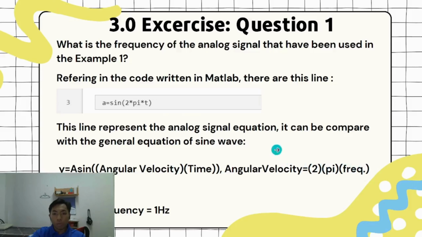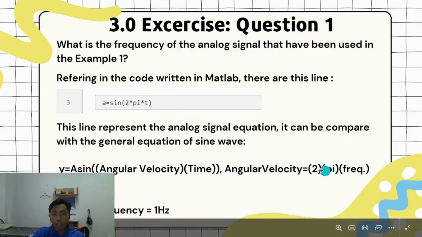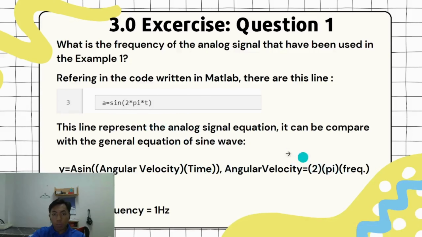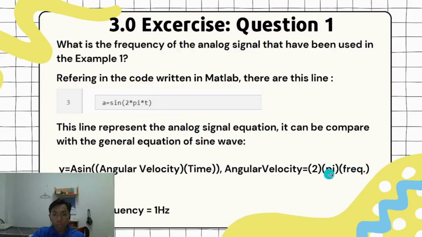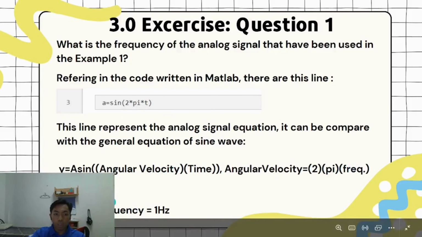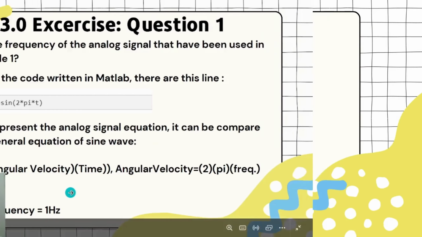If we compare, you can see that the 2 pi is literally identical, so 2 pi is the same as the angular velocity and the time. There is actually a 1 hidden within the trigonometric argument, which is the frequency, so we can conclude that the frequency is 1. So it fits the representation of the equation.